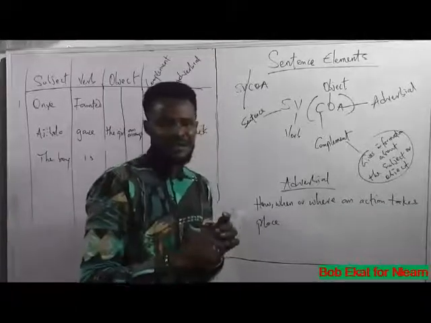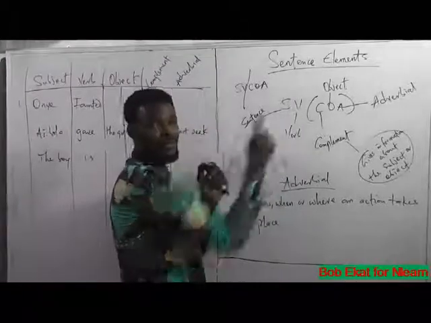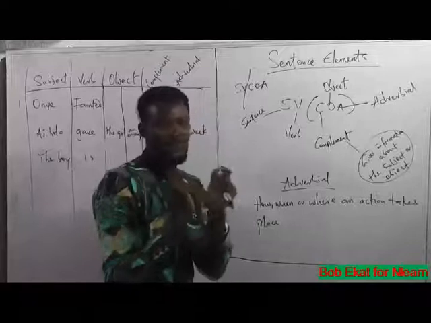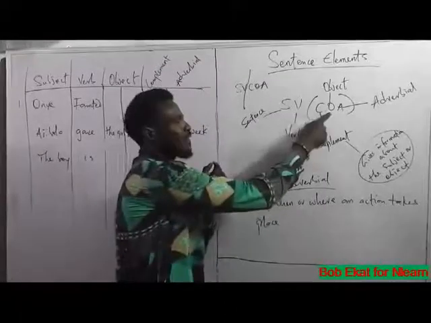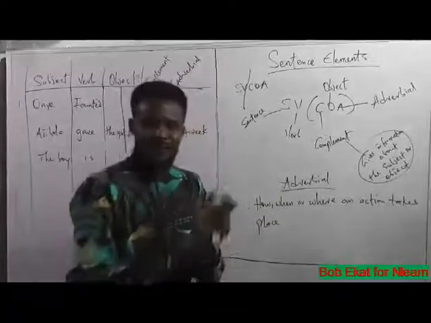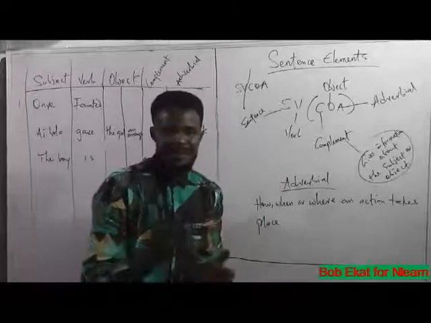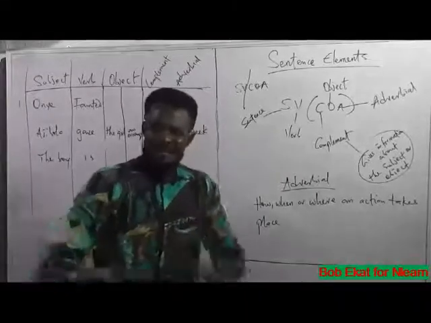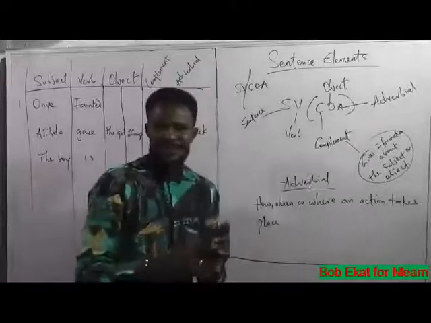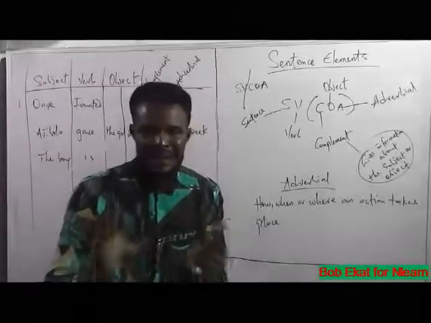The reason is that a sentence must have a subject and a verb, but it is optional whether there should be complement, object, and adverbial in a sentence. Some sentences do have these 3 elements, but some don't. In any case, the existence of these 3 elements does not negate the correctness of a sentence.